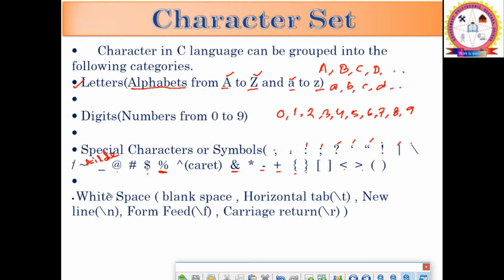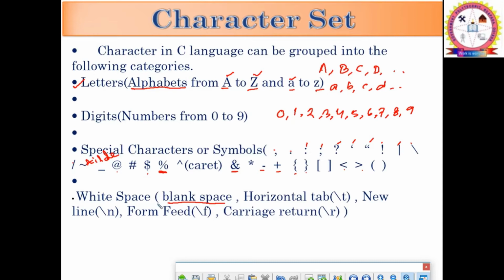The next category of characters recognized by the C language is white space, or blank space. That is a single character space, blank space, or horizontal tab, which in a program can be achieved through \t, new line \n, form feed, and carriage return.